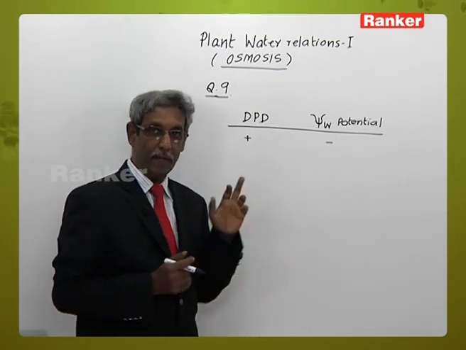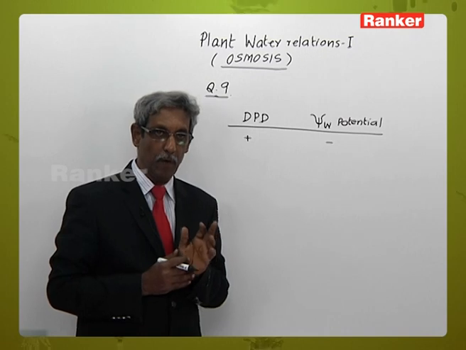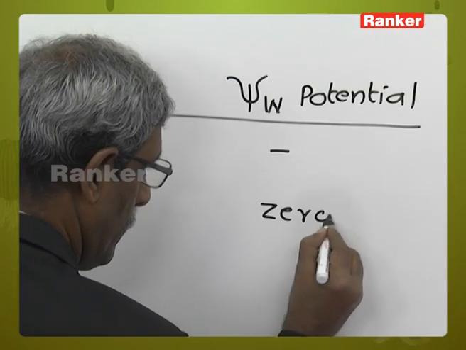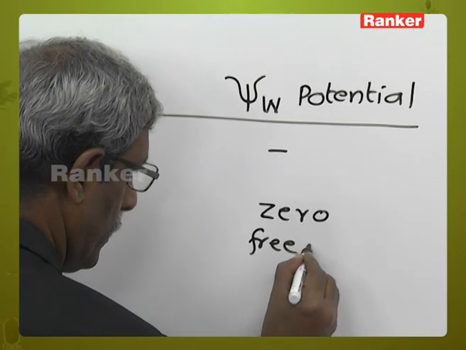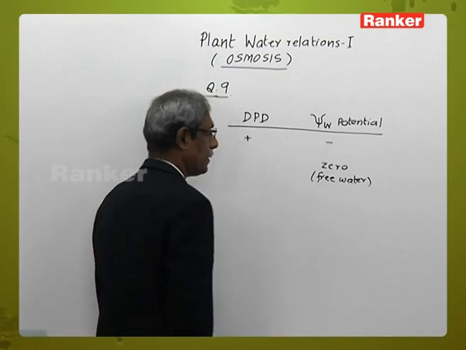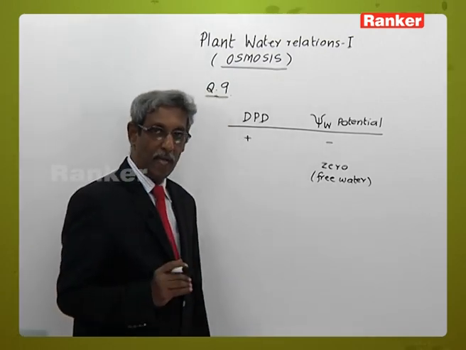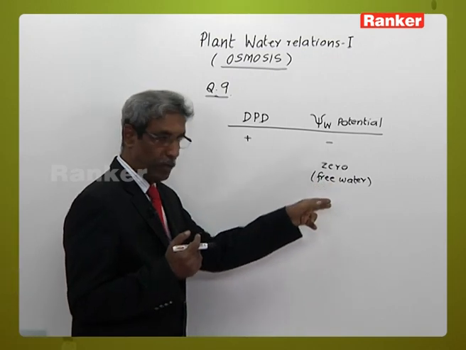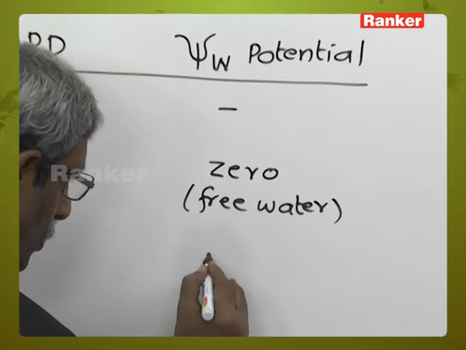Potential means the amount of work done depending upon the free energy of water in a biological system. Now, normally the water potential of free water is 0. Whenever water has got to move, it is beyond free water, thereby its value is always negative.